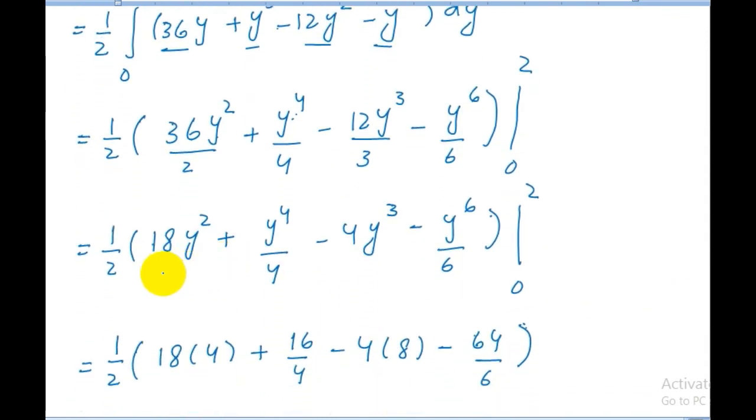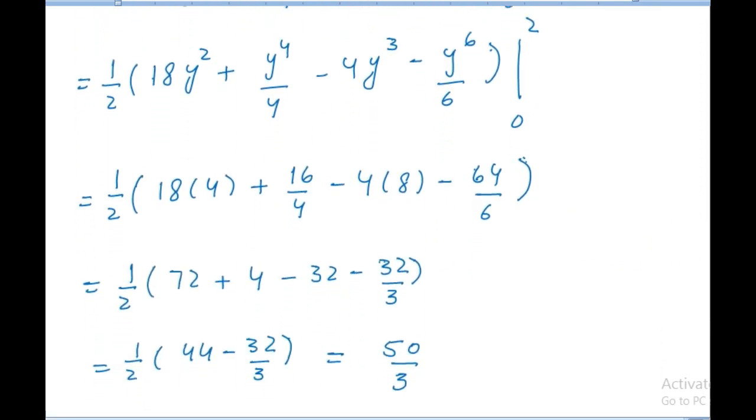After a few calculations we get 1 by 2 of 18y square plus y to the power 4 upon 4 minus 4y cube minus y to the power 6 upon 6, and then putting the limits we get 50 by 3, which is the answer of this problem.